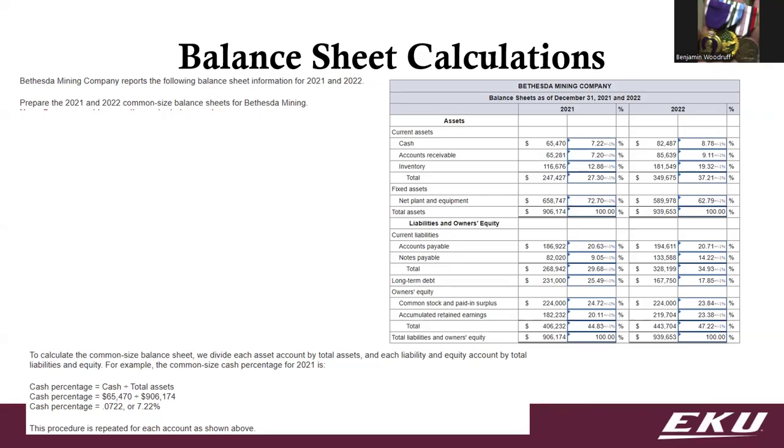What percentage of total assets is inventory, right? Or if you look further down, what percentage of liabilities are accounts payable? What percentage of liabilities are long-term debt, right? So, yeah, they're asking you to calculate both the dollar value and the percentage.